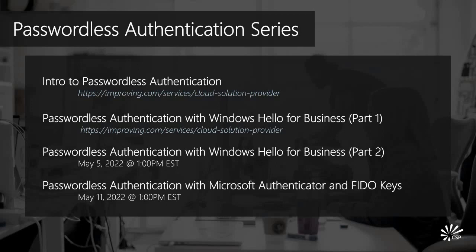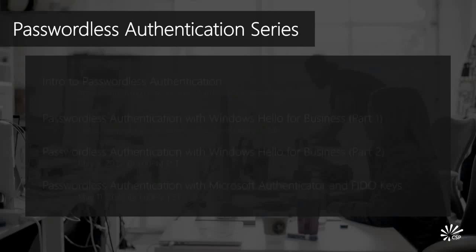And then today we're going to talk about taking what we've gone over in those two previous sessions and putting it into practice and going through some demonstration on how to set Windows Hello for Business up in a real environment. And then next week we will wrap up our passwordless authentication series with focusing on the Microsoft Authenticator and FIDO2 security keys as passwordless authentication options.